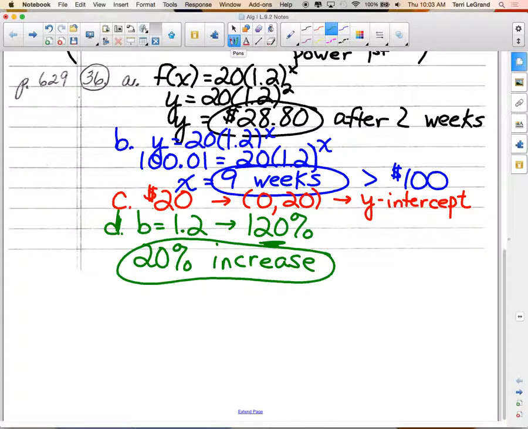So it takes its value at that time, maybe it's that $28.80 after the second week, and it multiplies it by 1.2 because it wants to still keep the value of $28.80, but now it also wants to increase it another 20%. So would you find out for me what is 20% of $28.80, please?